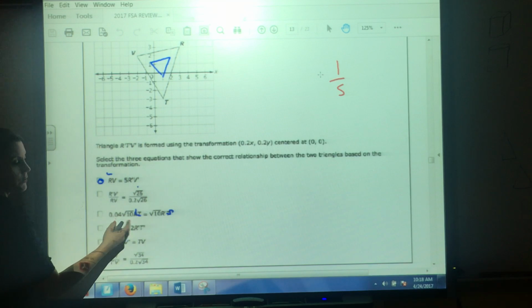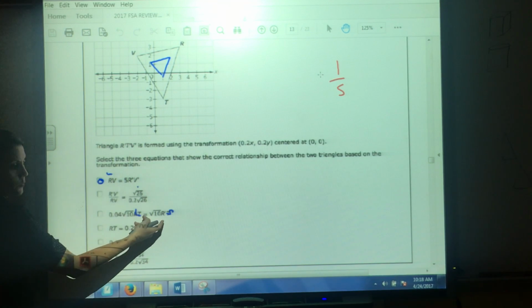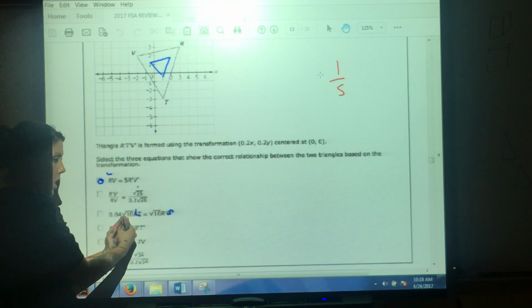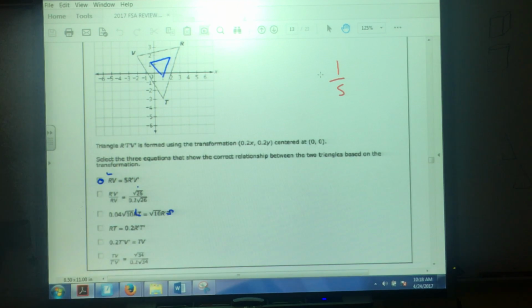If I multiply our large by 0.04, will that give us the same as our small? Yes. Think about it. This is going to make this smaller, which is going to make it equal to that. See what I mean? It's different the way they have it here.